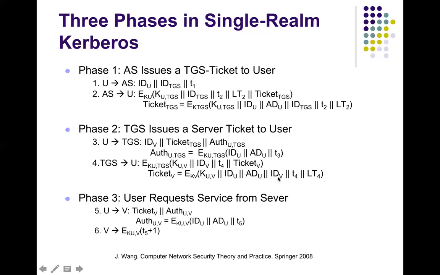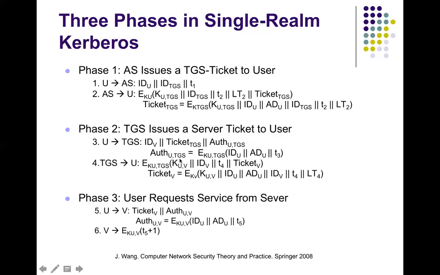The whole thing now is encrypted using key K sub V, which is the master key between server V and TGS server, so server V can decrypt this message. And this K sub U comma V is for the user, so the user should be able to get this back.